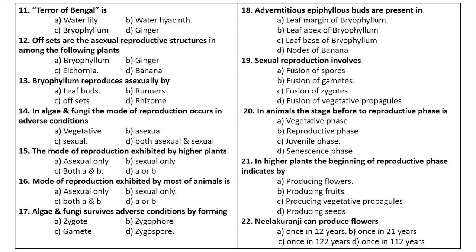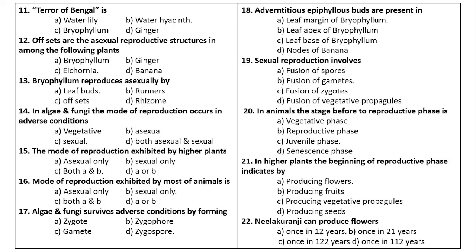So the point here is, epiphyllous means what? Phyllous means the leaf. Epiphyllous means above the leaf. Adventitious buds which are found on the leaf are called epiphyllous buds. They will be present in Bryophyllum itself, and in particular they have asked whether these buds are found at the margin, the base or the apex.